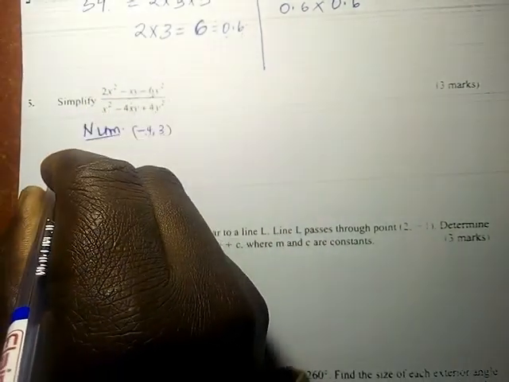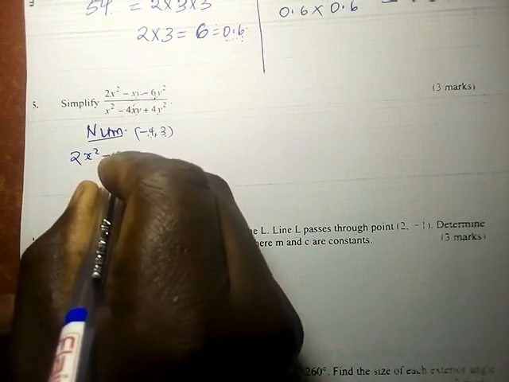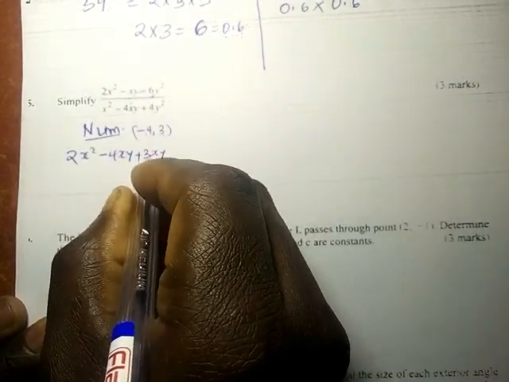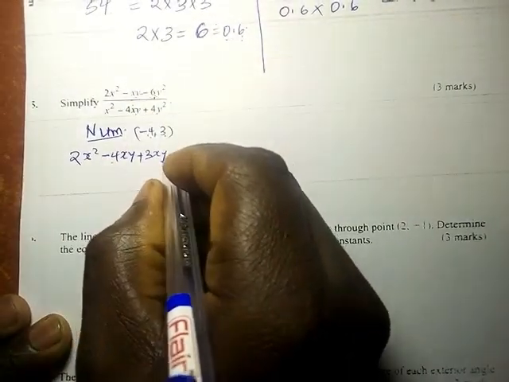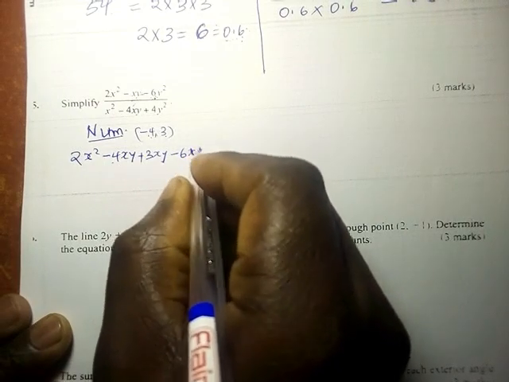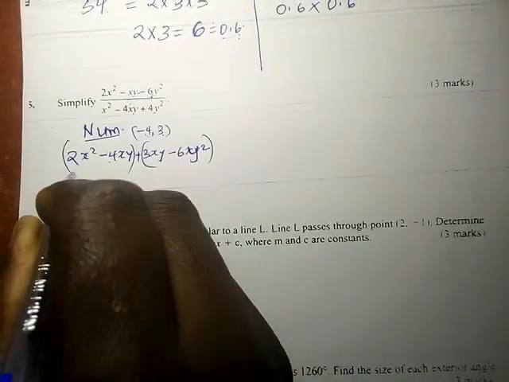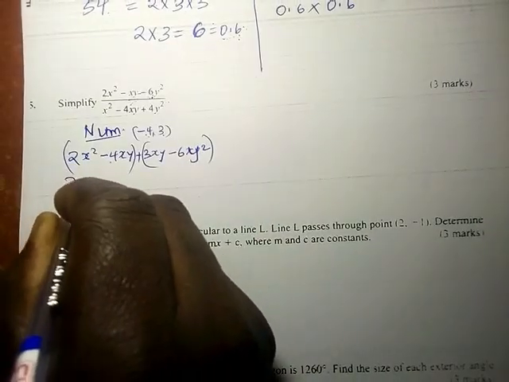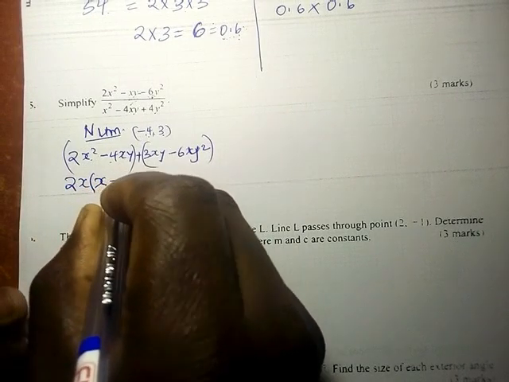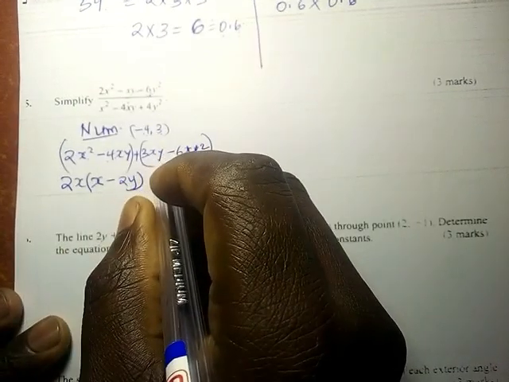So now we simplify that one, that is 2x squared minus 4xy plus 3xy. This one will give me negative this, minus 6y squared. Now I group them into 2. I will have 2x into the remaining x minus 2y, right?